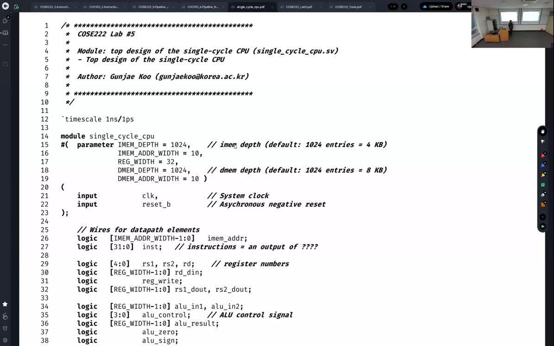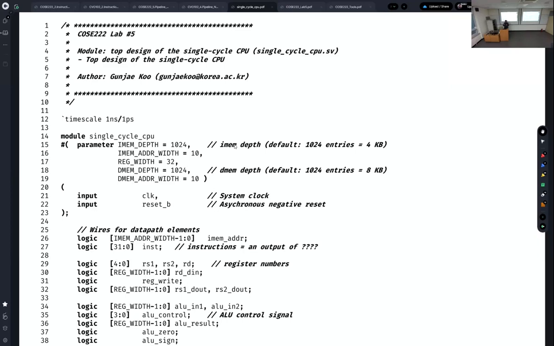The single cycle processor includes the data path elements, such as instruction memory, register file, ALU, and data memory, which we designed in the fourth lab assignment.